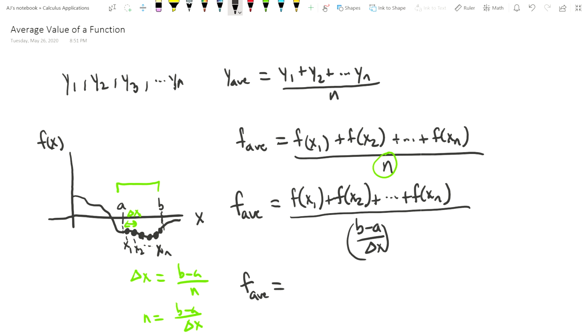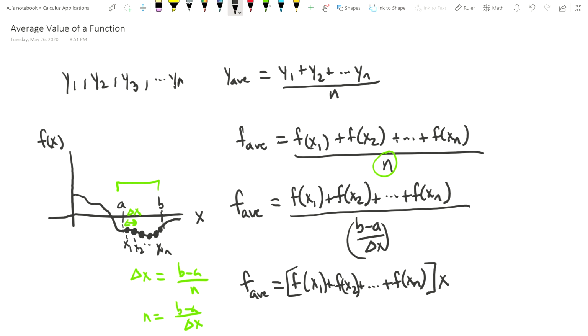So this means that the average value of the function is f of x1 plus f of x2 plus all the way to f of xn, and we have this times delta x, and then divided by b minus a. This is a handy formula for finding an approximation of the average value of the function.